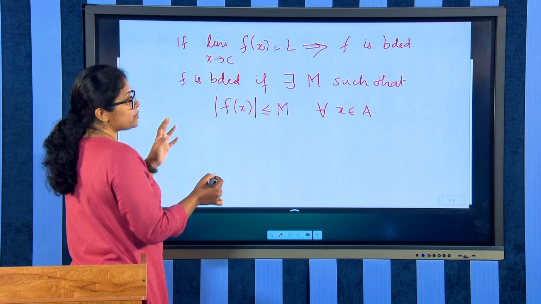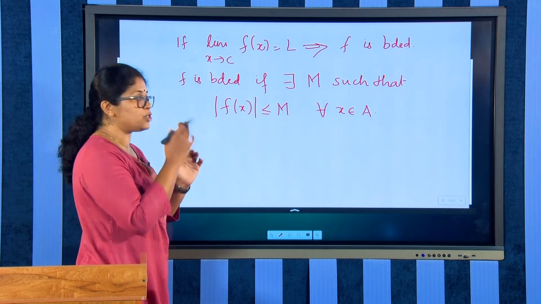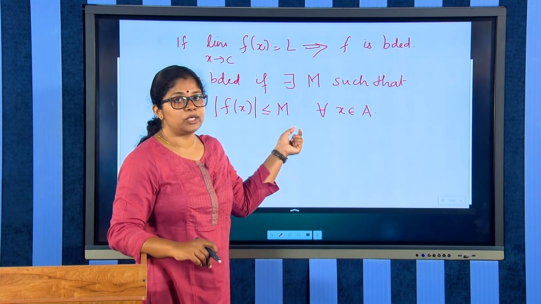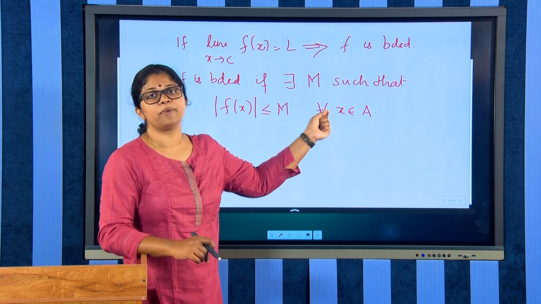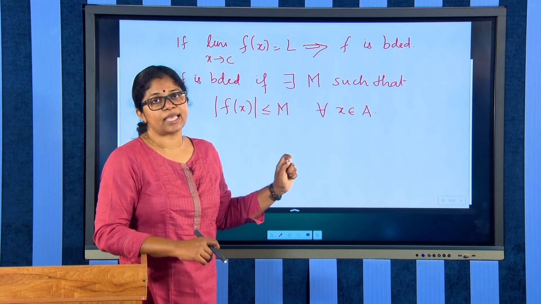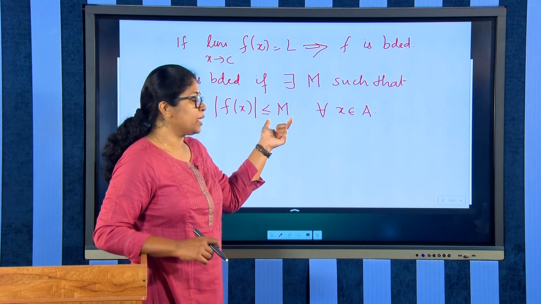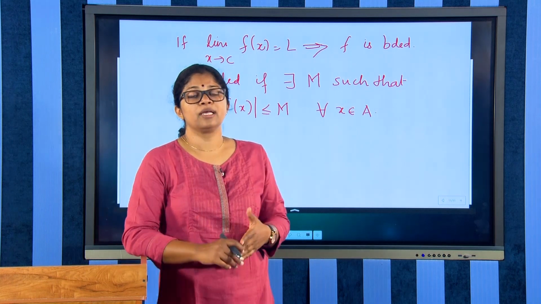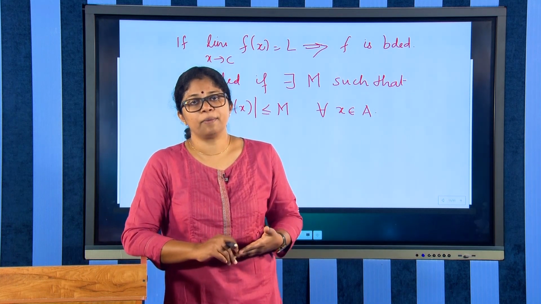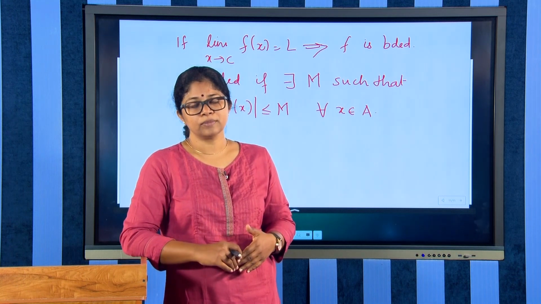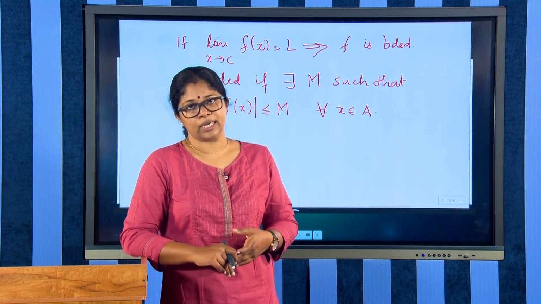Here I am assuming f is a function from A to R. We will say that the function f is bounded if we are able to find such an M. For example, sin x is bounded because modulus of sin x is always less than or equal to 1. Likewise, cos x is bounded.